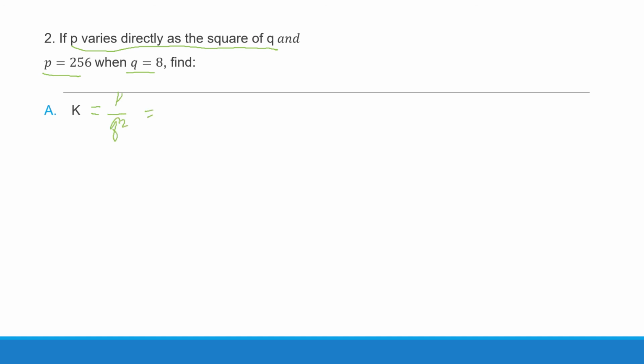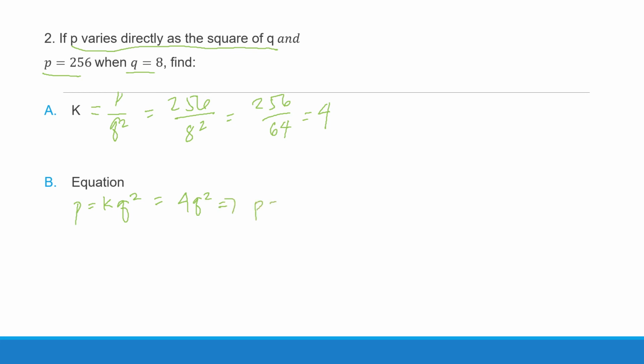Our p is 256 and our q is 8 squared. So 256 divided by 64 is equal to 4. Next, we need to find the equation. Our equation becomes p equals kq squared. Our k here is 4, so it becomes 4q squared, or p is equal to 4q squared.